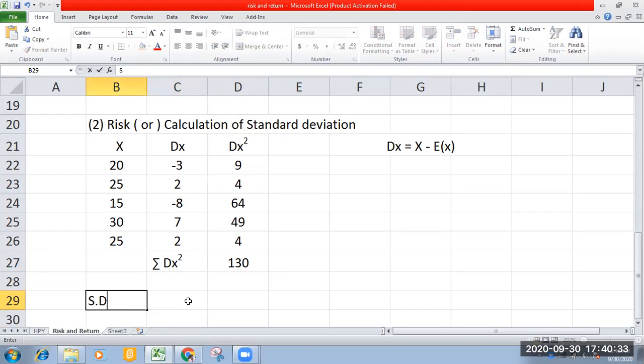We can simply write standard deviation sigma as equal to the square root of sigma dx square divided by n.